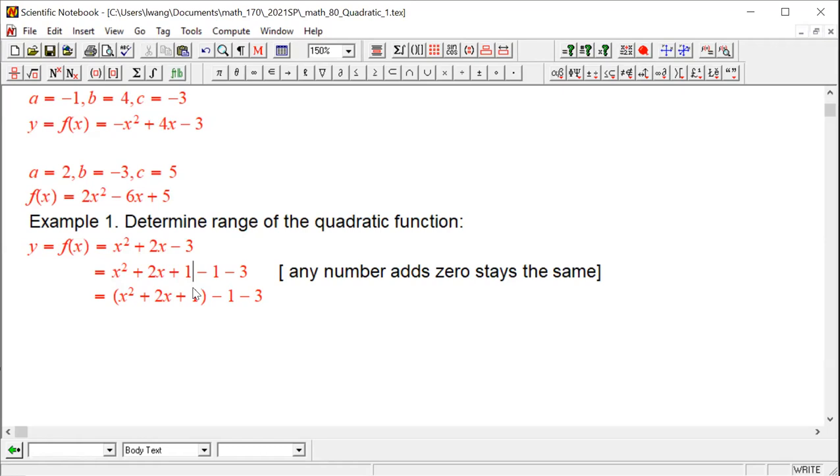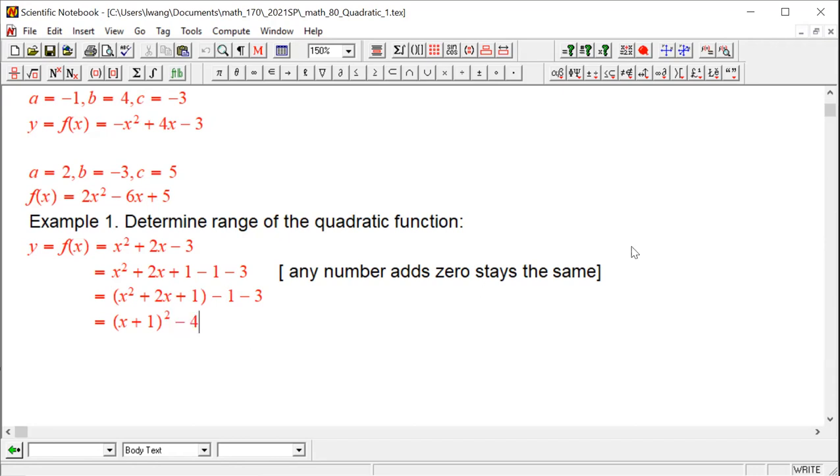So adding 1 makes the perfect square, and subtracting 1 maintains the equal sign. If you factor these three terms, we get x plus 1 squared. And minus 1 minus 3 is minus 4.